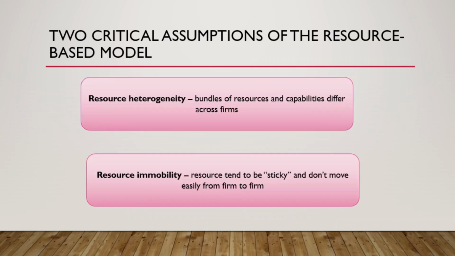So, we have two critical assumptions of the resource-based model. So, we have resource heterogeneity and resource immobility. When we say resource heterogeneity, bundles of resources and capabilities differ across firms.